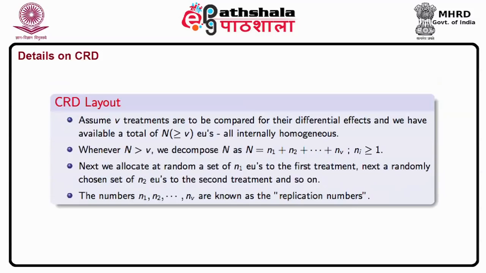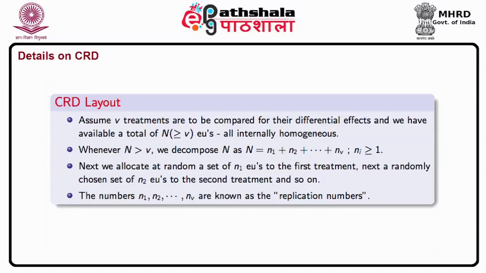So, for CRD layout, assume v treatments are to be compared for their differential effects, and we have available a total of n, which is greater than or equal to v, experimental units, all internally homogeneous. Now, whenever capital N is more than small v, we decompose n as n = n1 + n2 + up to nv, such that each ni is greater than or equal to 1.